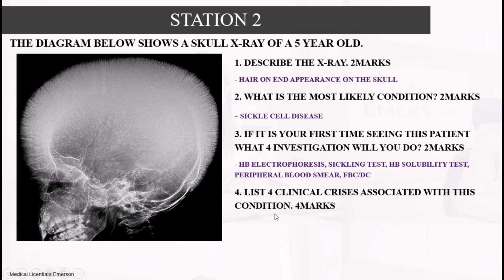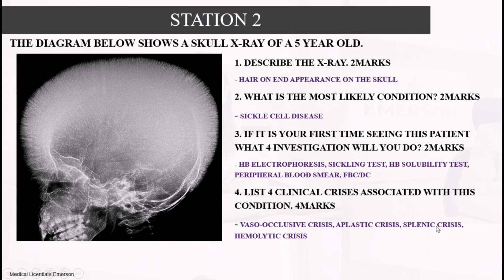Okay. Then crisis, we have vaso-occlusive crisis, aplastic crisis, splenic crisis. Then we also have hemolytic crisis. On splenic crisis, know that it's not only the spleen which is involved. That's why it's called sequestration crisis.